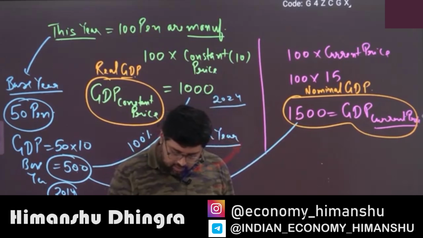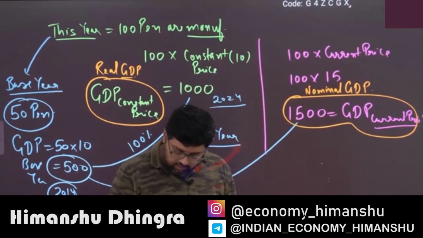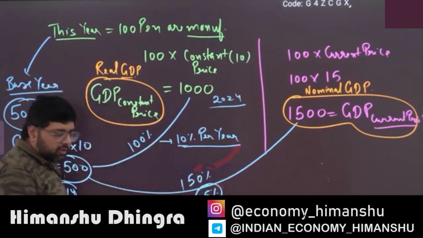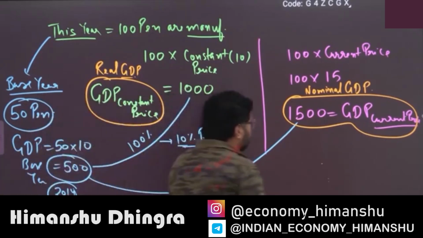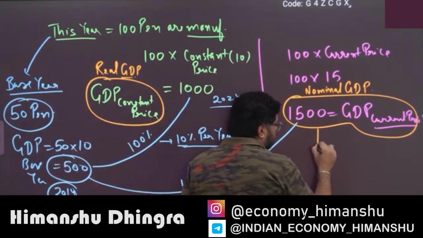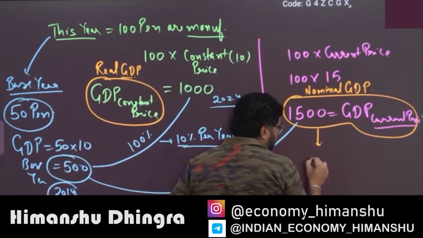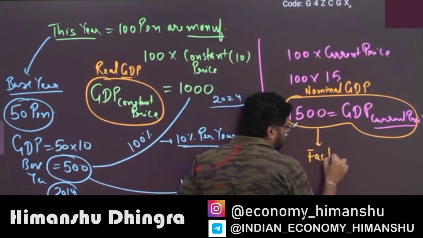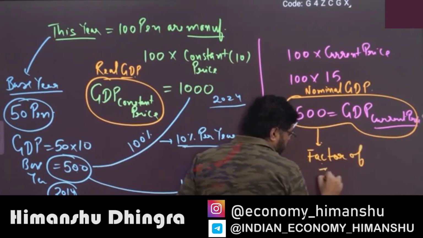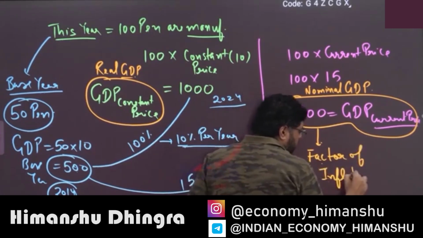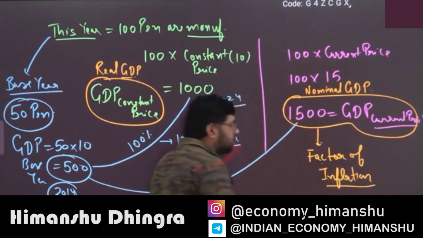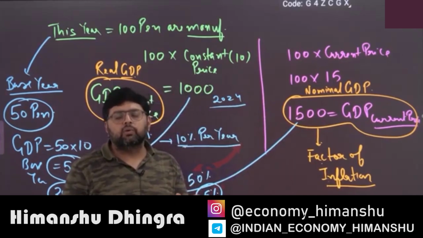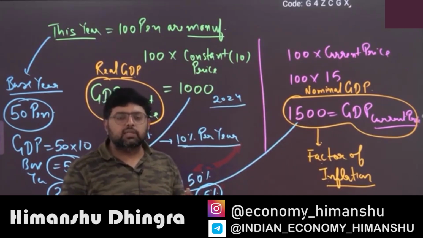Clear? Ultimately, in nominal GDP there is the factor of inflation, and because of this factor of inflation, we will not be able to calculate the total final goods and services produced.